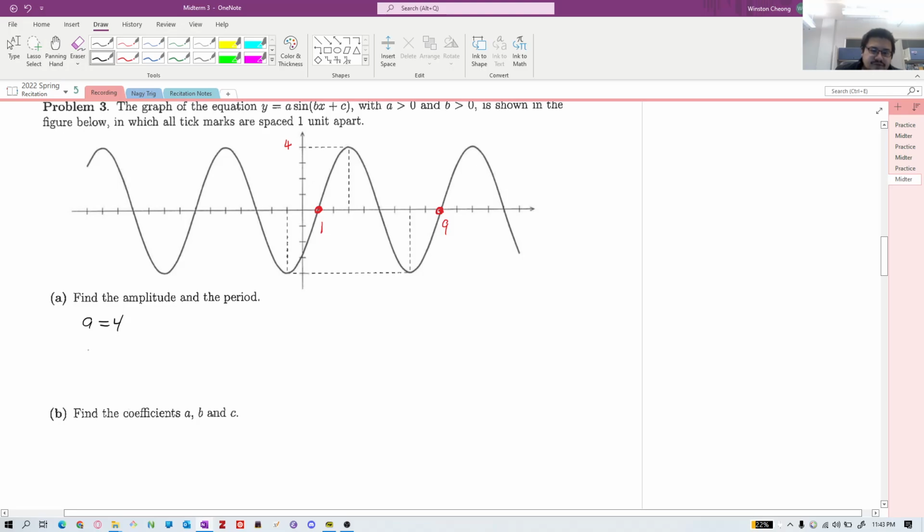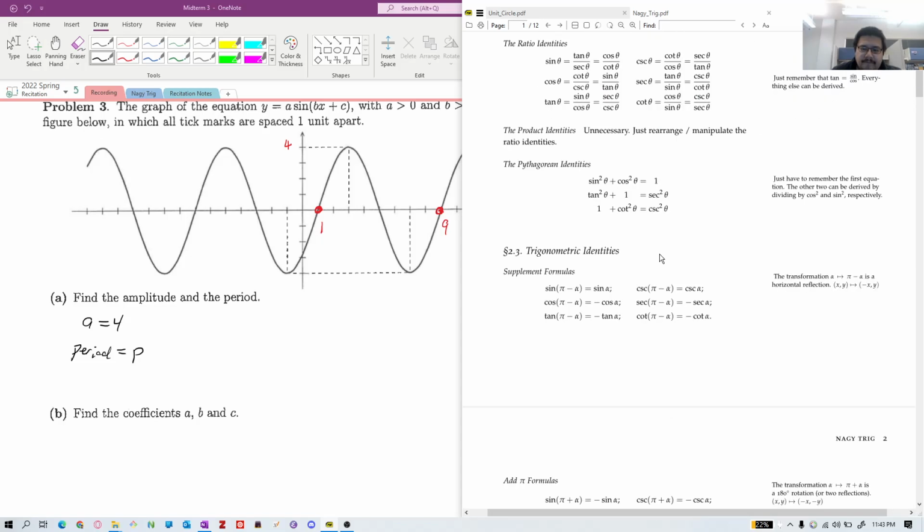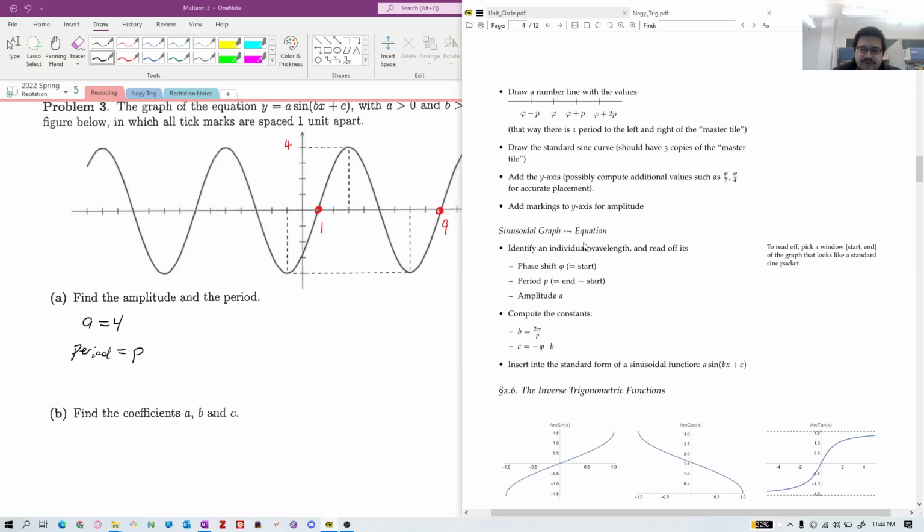To calculate the period, let's also reference the notes that I have. Where did I put it? Sinusoidal to equation.